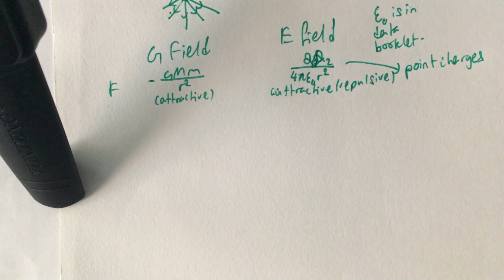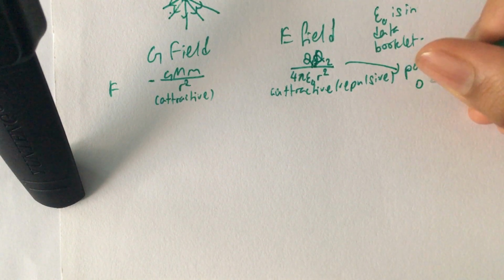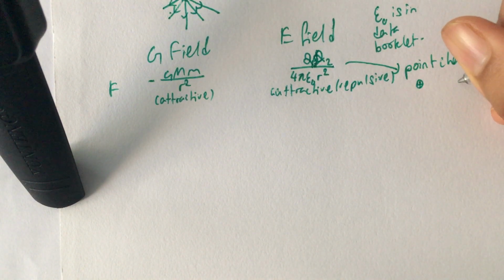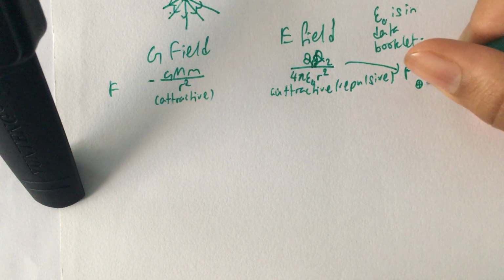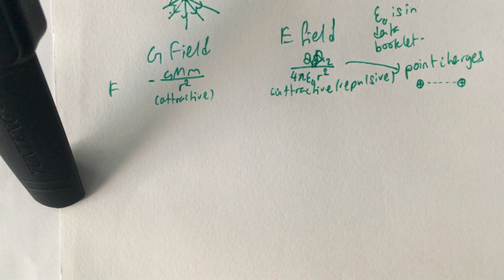It's more circular: as it goes out, the force decreases with regards to r squared. So that's for two point charges in free space or air or whatever.